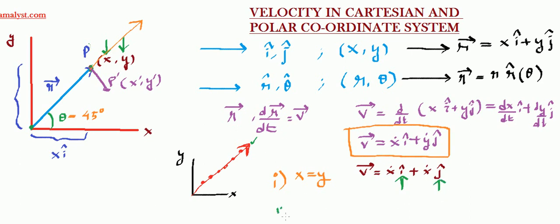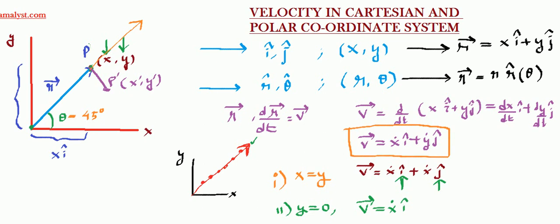Case number 2. What happens when y is 0? When y is 0, that is, the y coordinate is not changing, it means there would be no term in the velocity with j cap. There will be only one term, x dot, and this will be only in the i cap direction. There is no j cap expression.